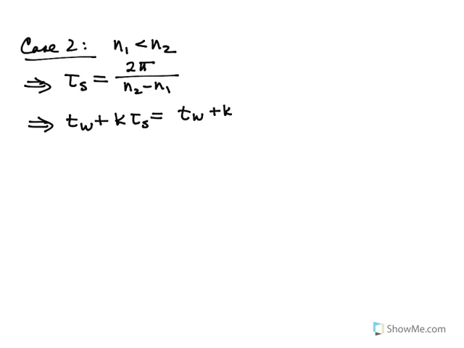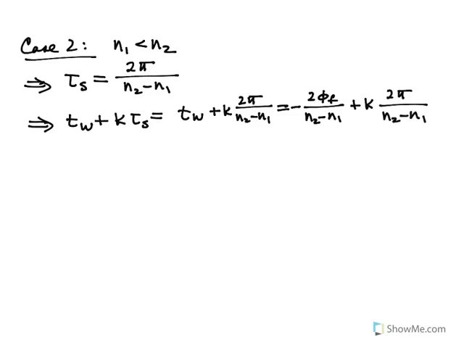So we've got plus k times 2 pi all divided by n2 minus n1, which is equal to minus 2 phi f all divided by n2 minus n1, and then we've got plus k times 2 pi all divided by n2 minus n1.